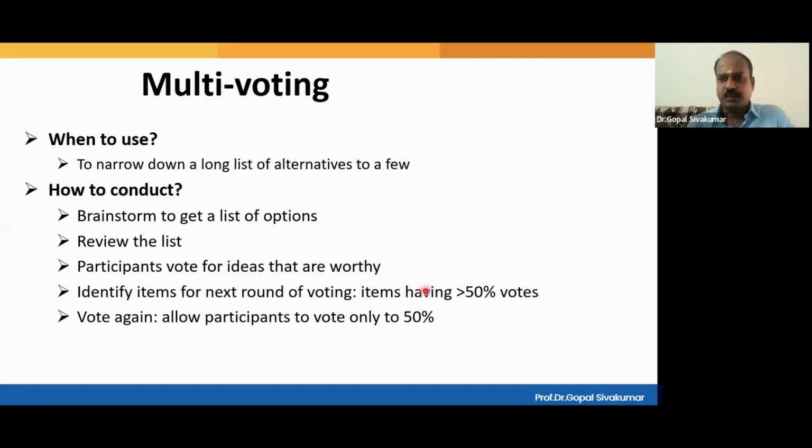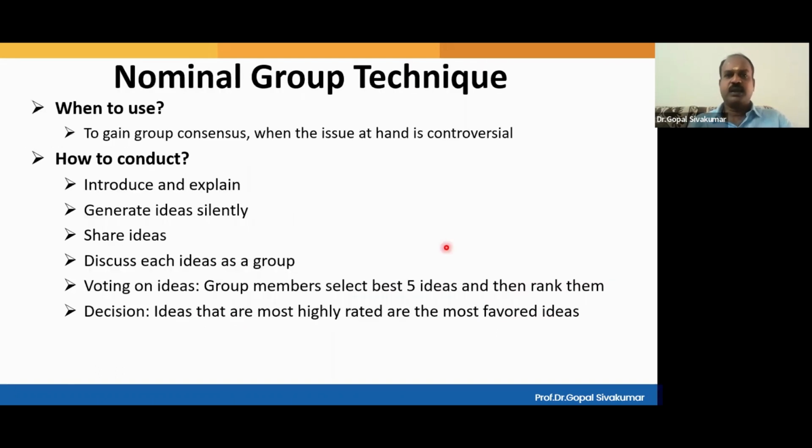Say, for example, participants can vote only for 50% of the options, and not graduate all the options to the next level. So likewise, you can narrow down the list of possible solutions and as well as finalize one of the solutions as the best one.